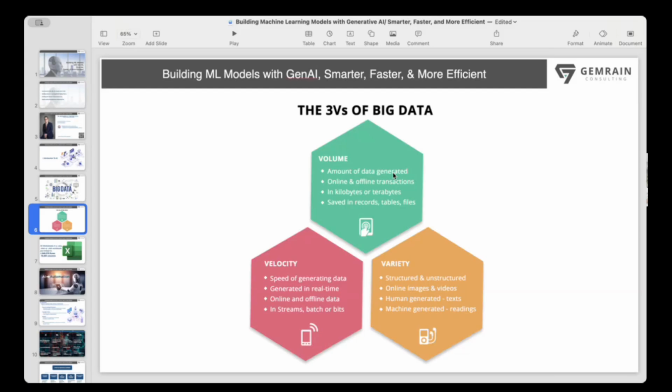In simple terms, it means the data you have has very good insights. It has a lot of value to get from it, but you cannot handle this data with traditional tools. You cannot handle this data using an Excel sheet. You definitely cannot handle it manually.